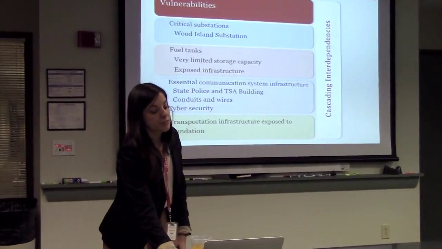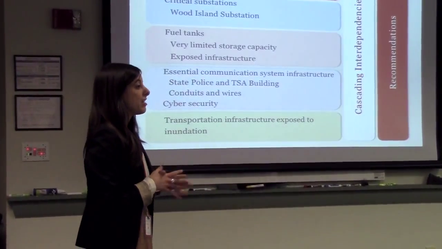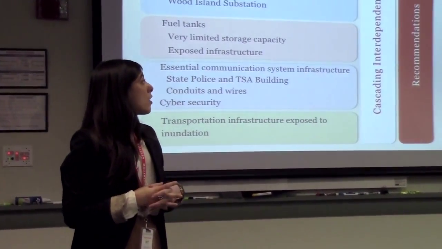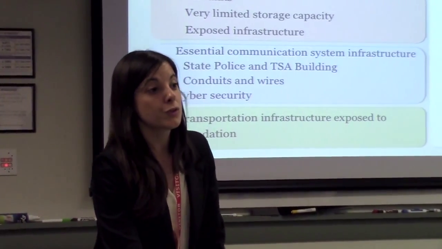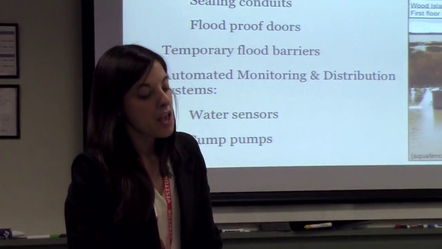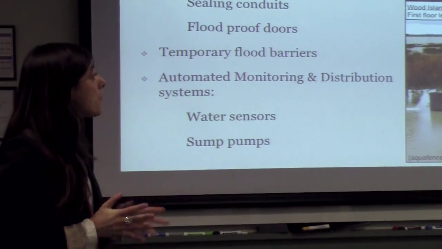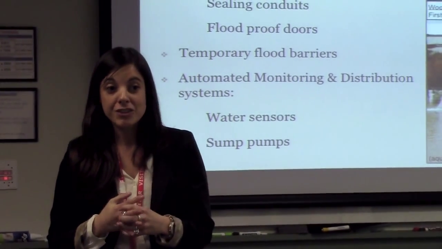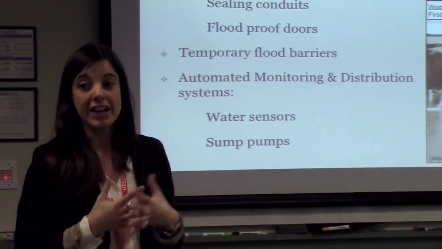Taking these vulnerabilities into account with the possible cascading effects, we have come up with a set of recommendations that Logan should implement in order to address resiliency. First of all, during our field trip, we visited Wood Island substation, and we also learned that other substations are vulnerable to flooding.